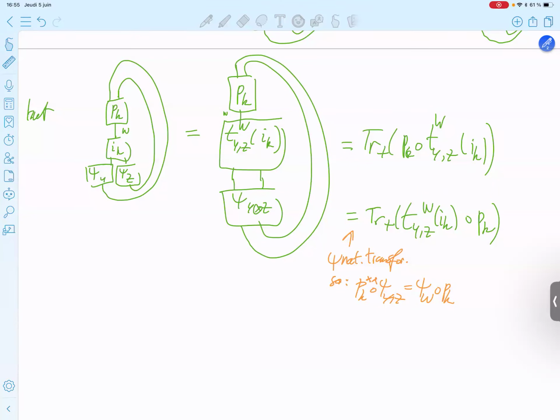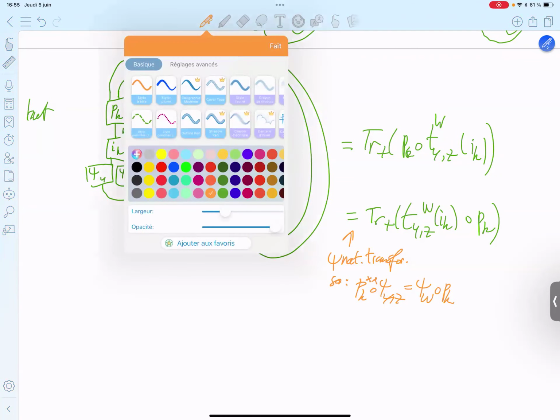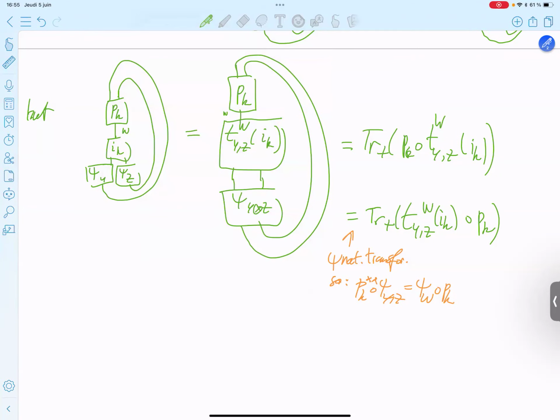So let me finish. I will take one extra minute to finish because I'm almost done. So you get that. Okay. So this is equal to, so you can permute in the picture this and this.